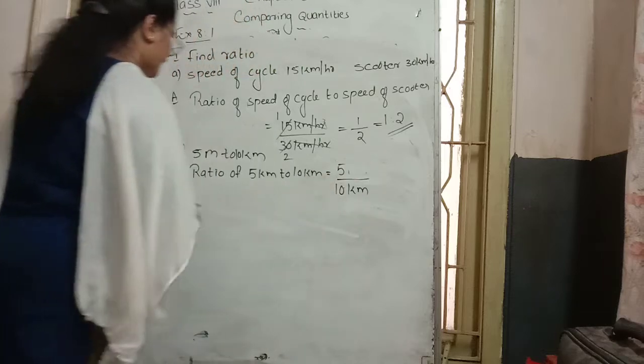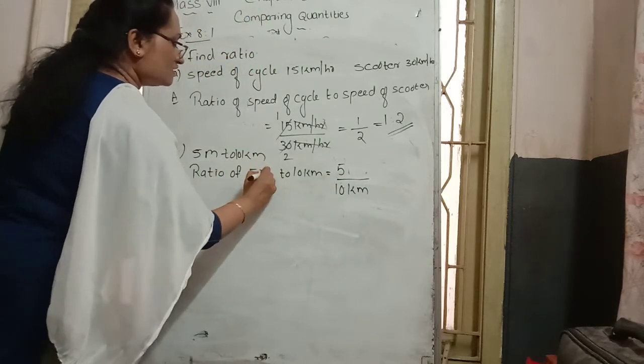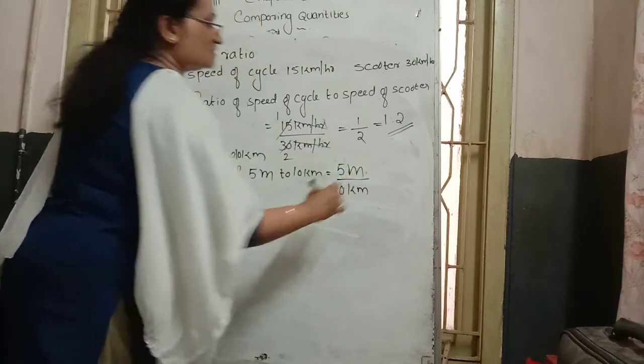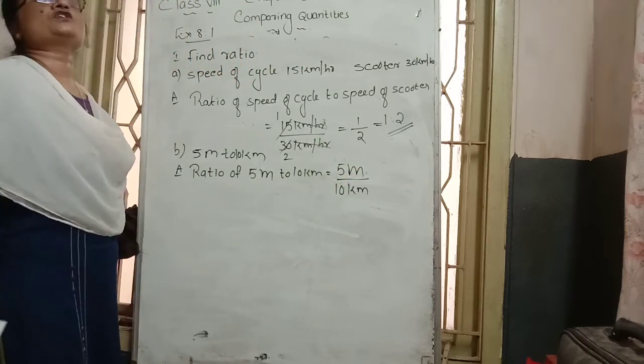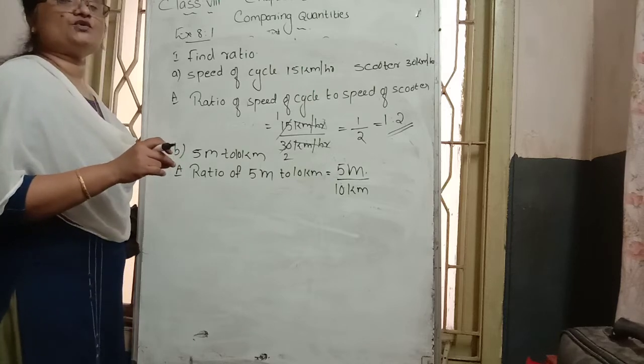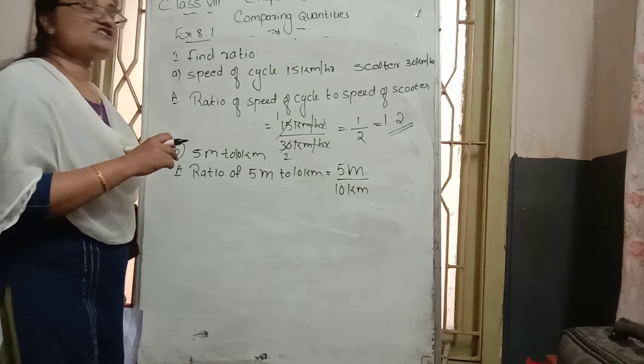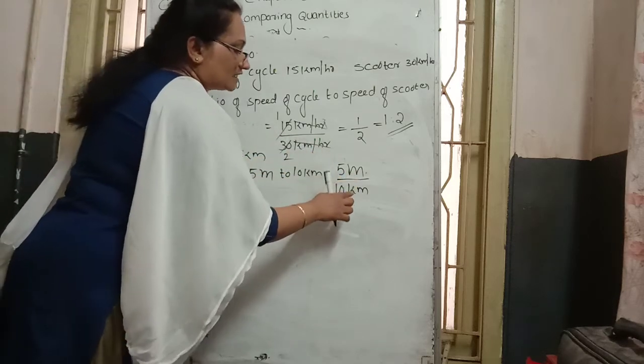That is one problem here. It is 5 meter, not 5 kilometer. 5 is in meter, 10 is in kilometer. These are different units, so what do we want to do? Make them the same unit. How? Convert kilometer to meter. Converting from a higher unit to a lower unit means multiplication, and from a lower unit to a higher unit means division.